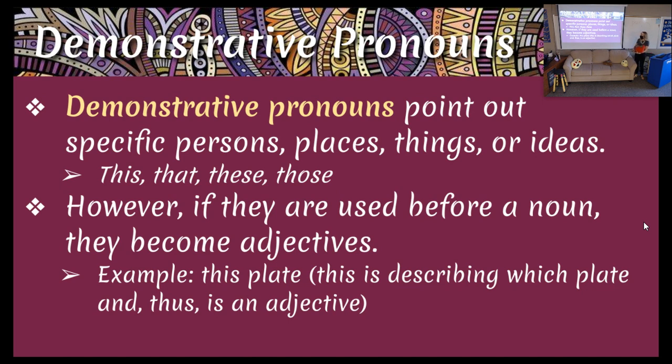So just know, if any of these come right before a noun, then they turn into adjectives. So you just have to be really careful and use those adjective questions. If it answers one of the adjective questions, it's functioning as an adjective.